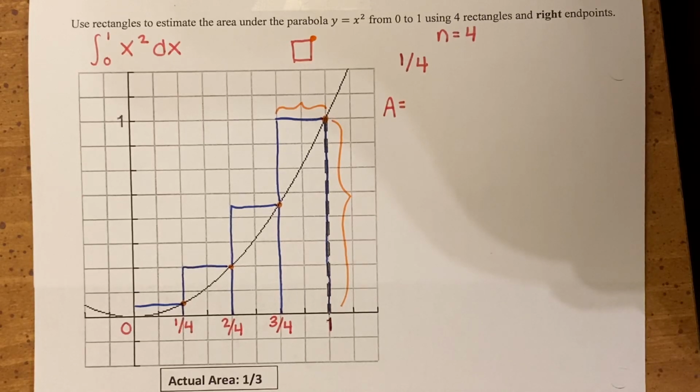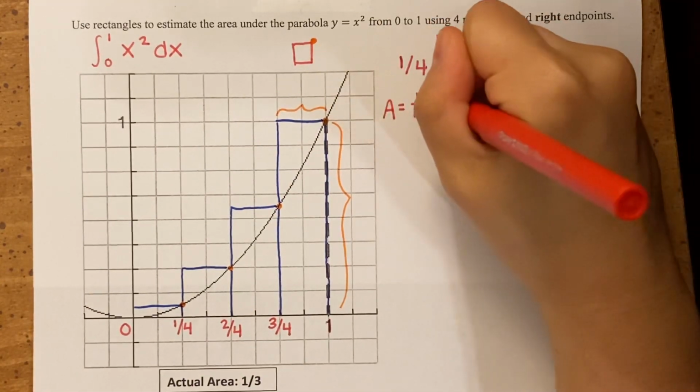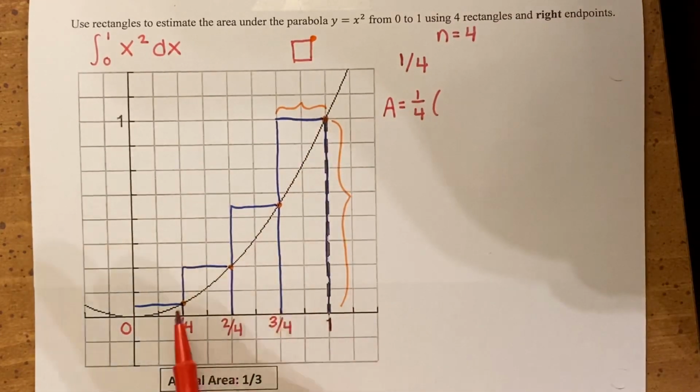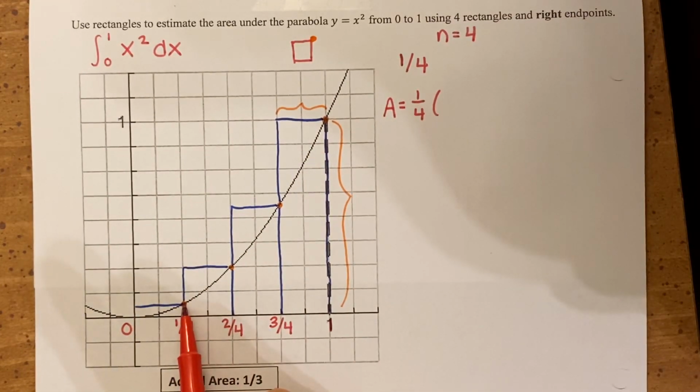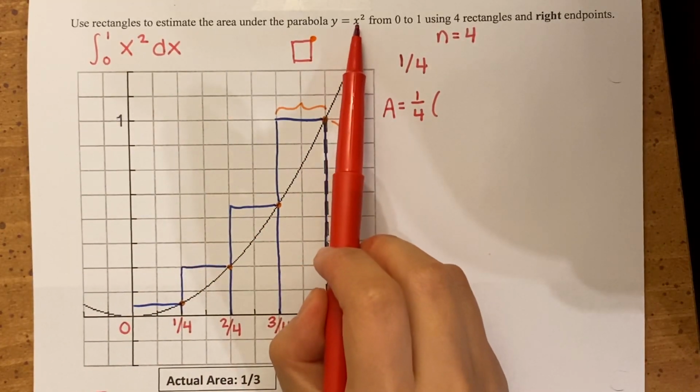So for my first rectangle, I have a width of 1/4 times the height. The height of our rectangles is where it touches the curve, which is y equals x squared.